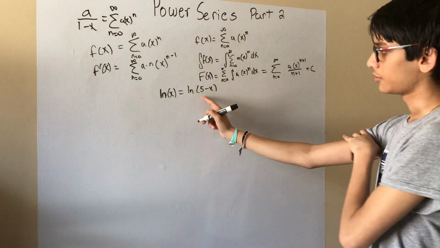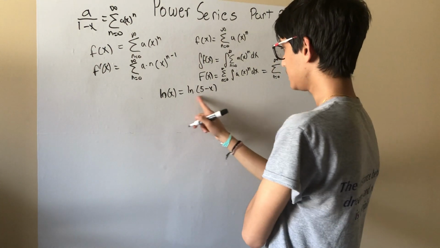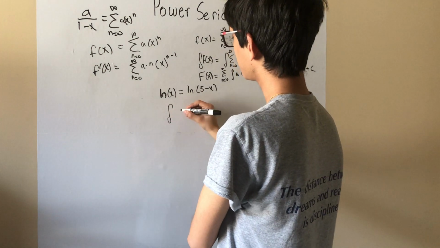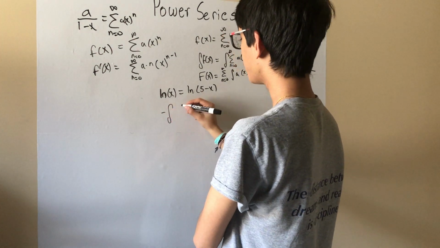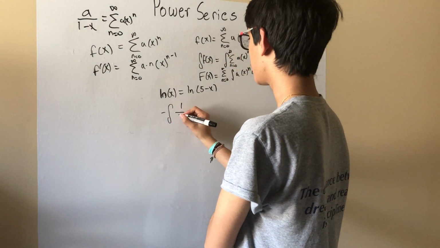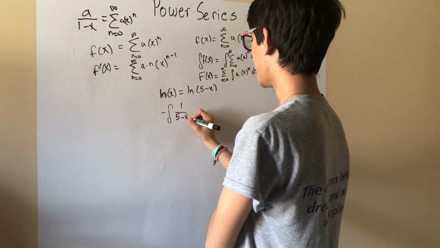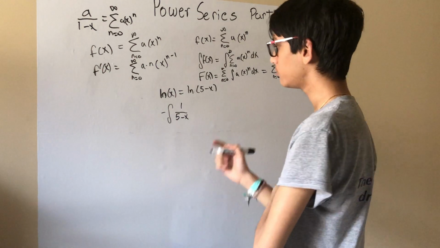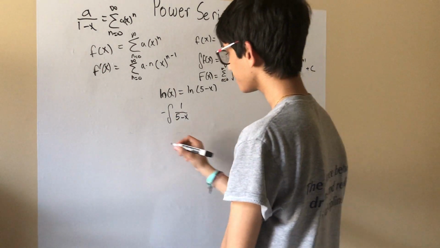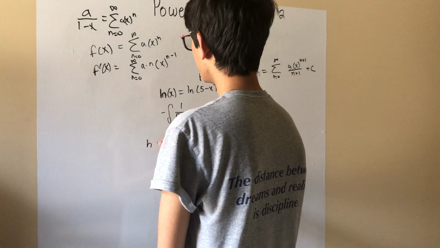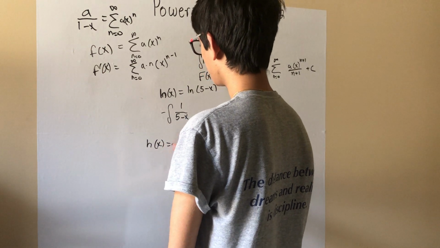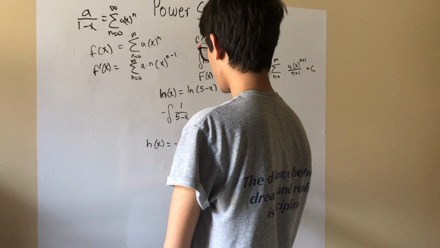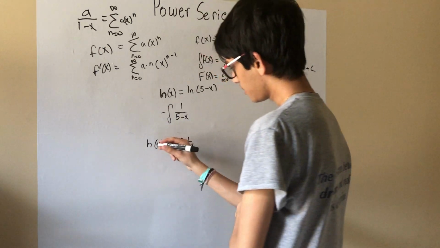What do we notice here? This function right here is the integral of the opposite of the integral of 1 over 5 minus x, right? So we can rewrite this as h of x equals the negative integral of 1 over 5 minus x.